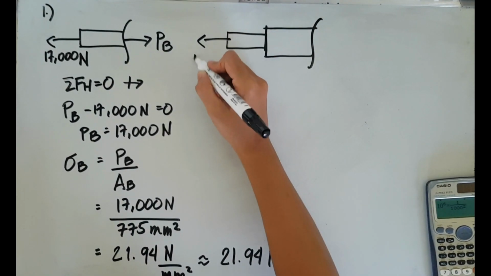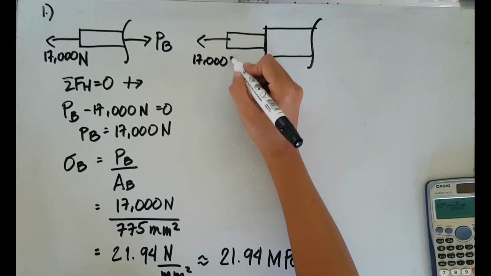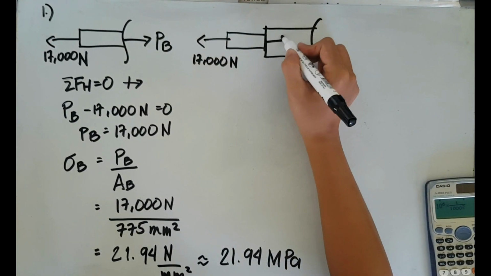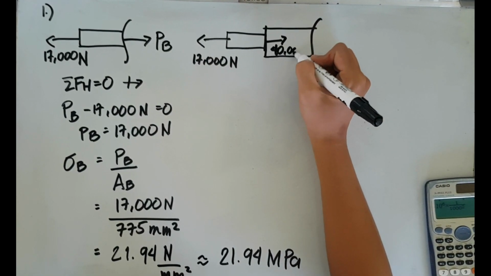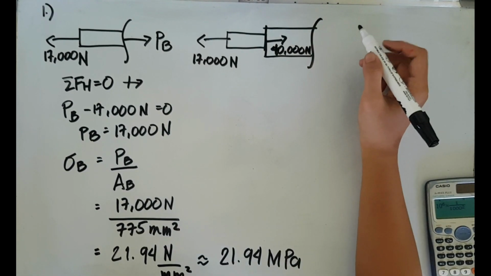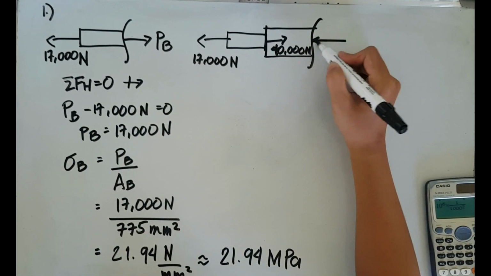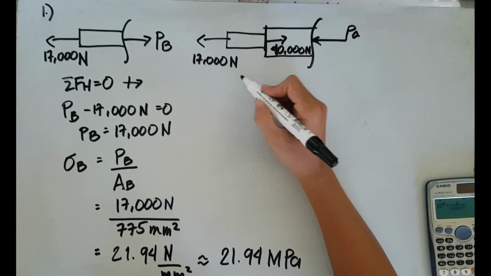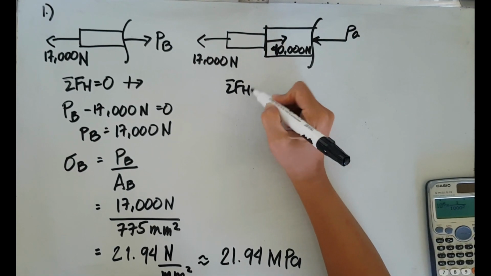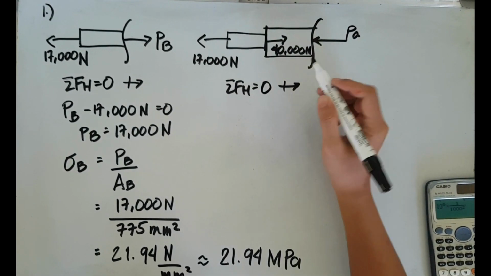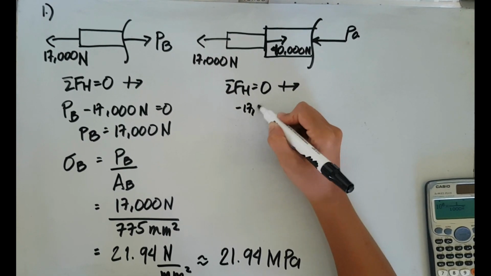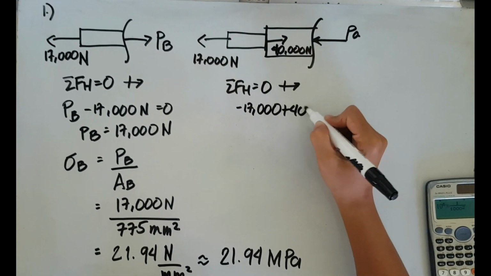So to continue, for the aluminum section, again drawing the free body diagram by passing a line to reflect the actual load for the aluminum section.